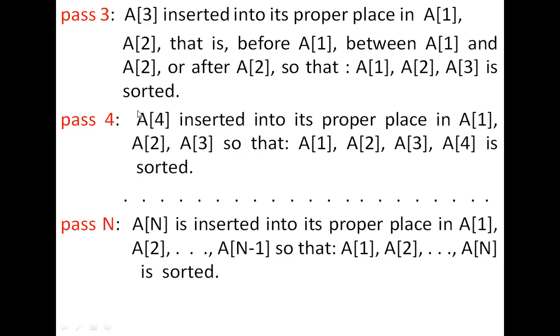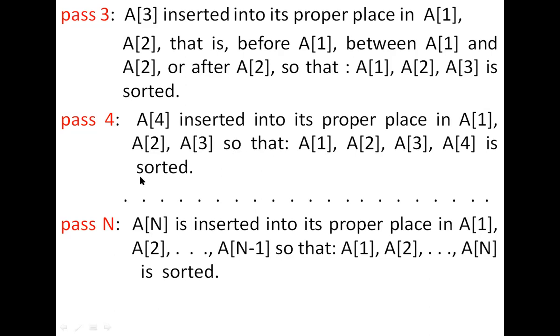What is the place for A of 4? You can insert it either before A of 1, or between A of 1 and A of 2, or between A of 2 and A of 3, or after A of 3. In one of these places we can insert A of 4, and then the array A of 1, A of 2, A of 3, A of 4 will be sorted.